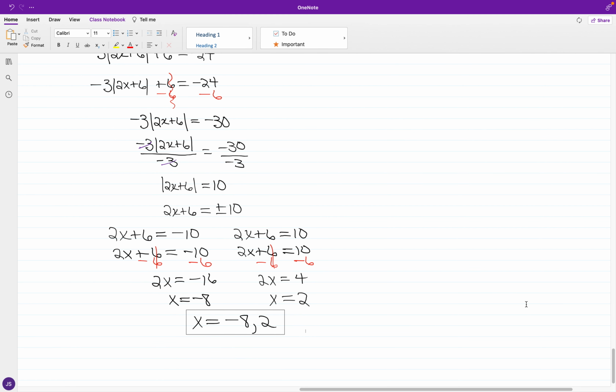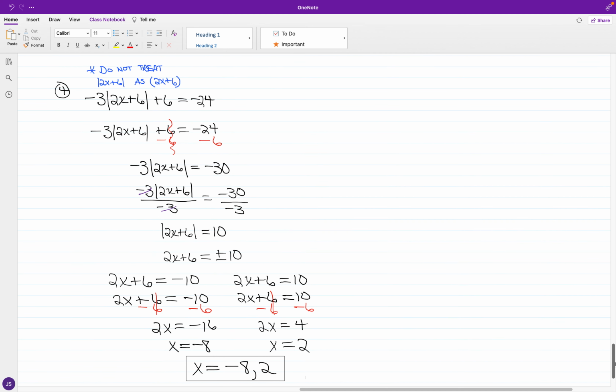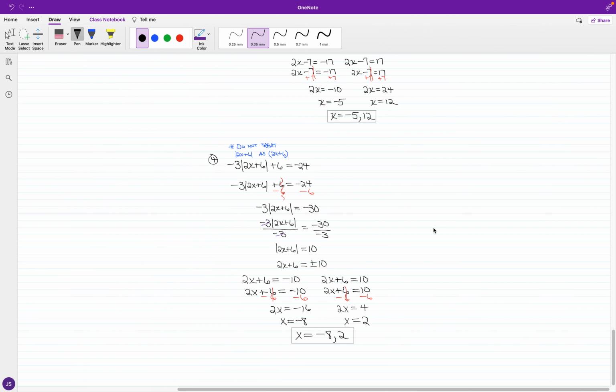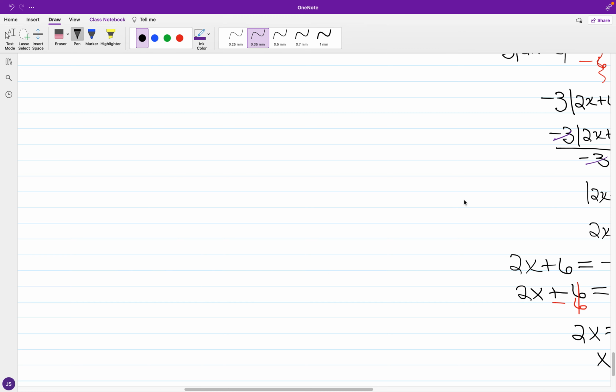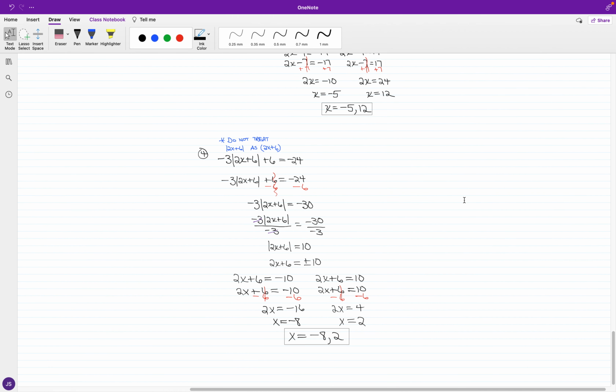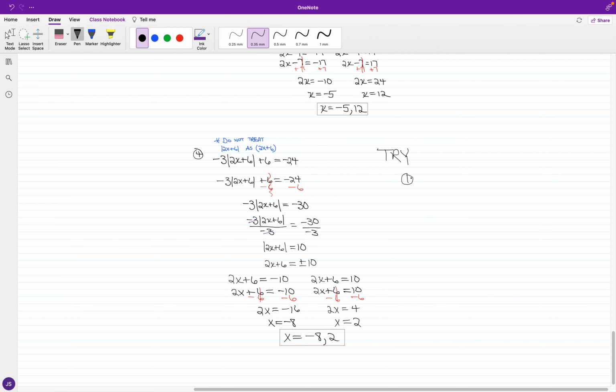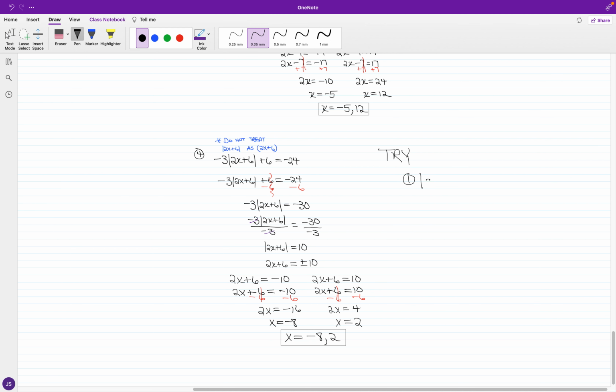And then just for what we have for absolute value equations, let's see what we get. First of all, say we have the absolute value of x is equal to 15.